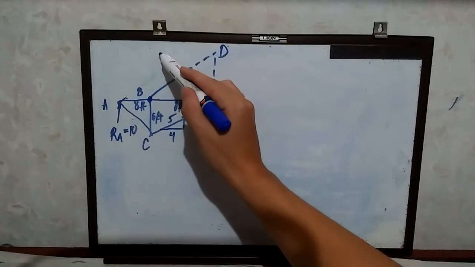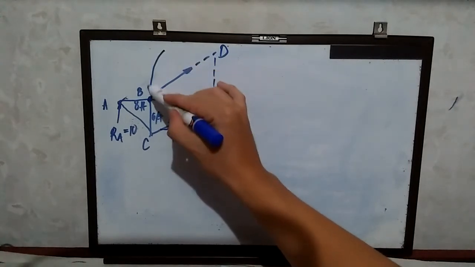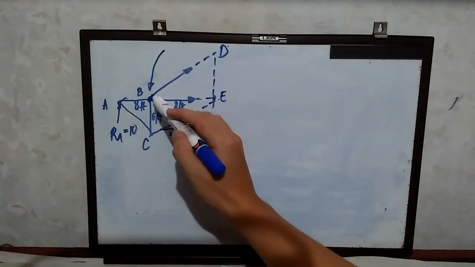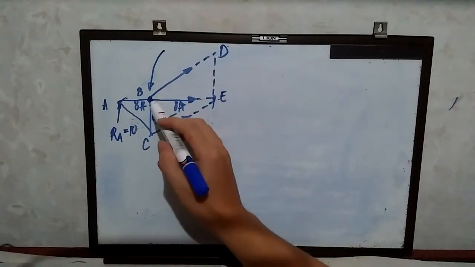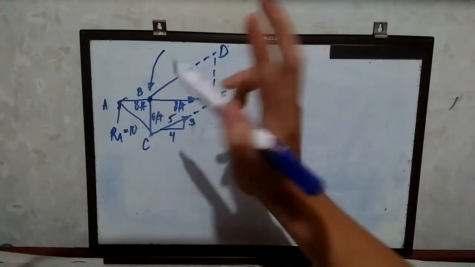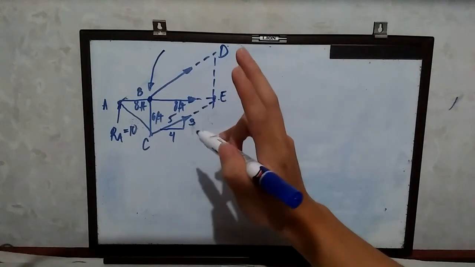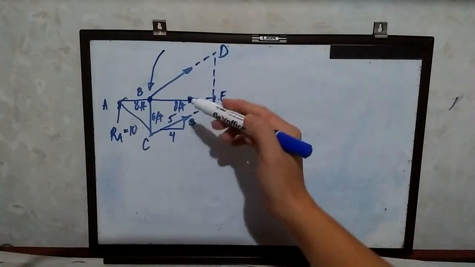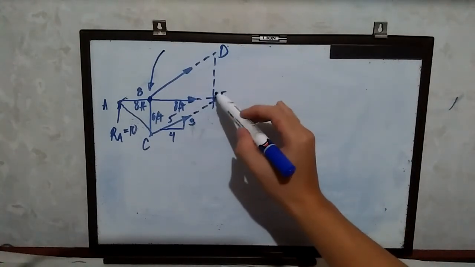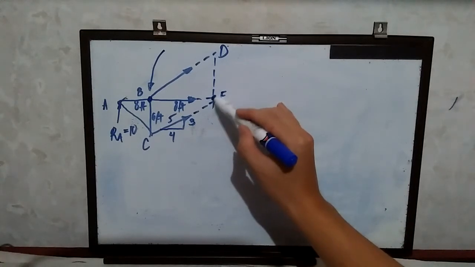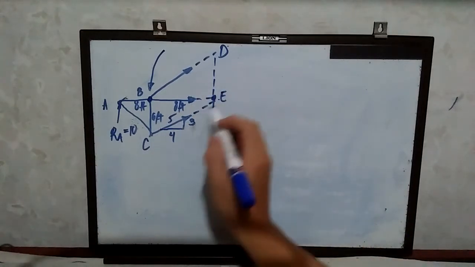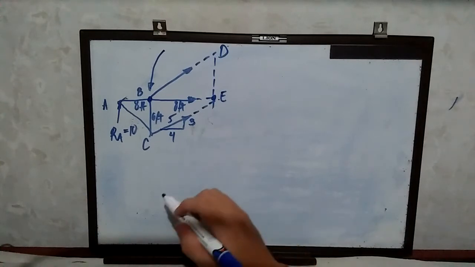If you are wondering why we need to use the pivot point here at B, it is because if we use the method of summating all of the moments at this point, we can eliminate member BD and member BE. Now we can eliminate two members. That would be easier for us, because if we use the summation of moments here at point E, we eliminate member CE, which is very inconvenient for us.